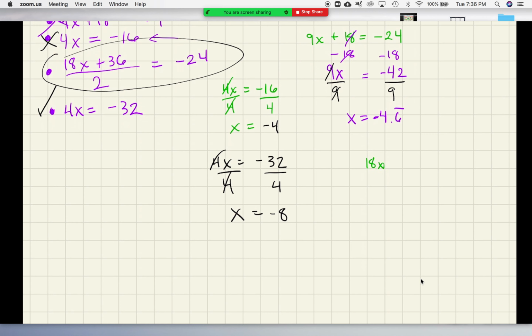18x plus 36, all of that divided by 2, equals negative 24.